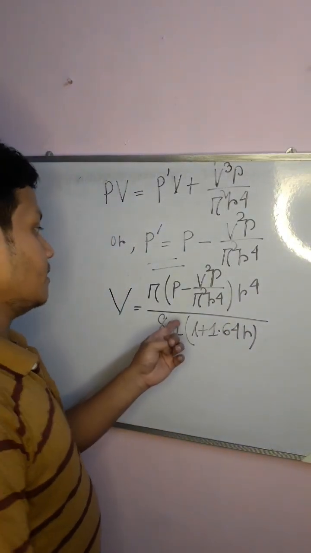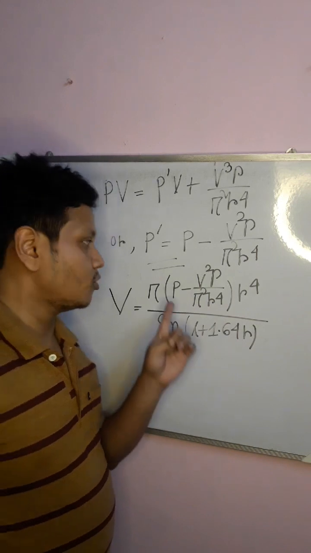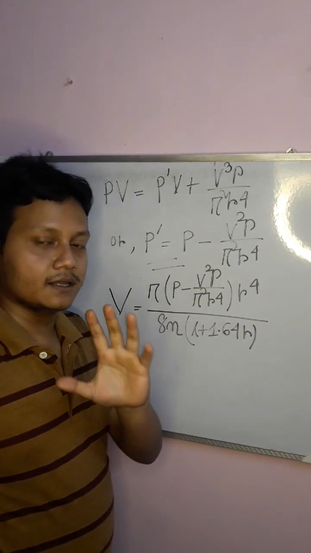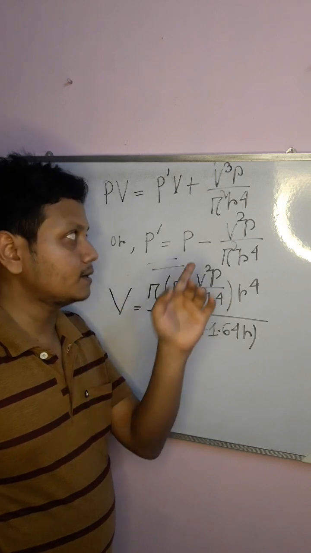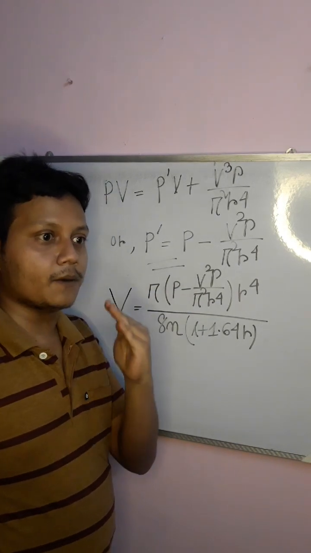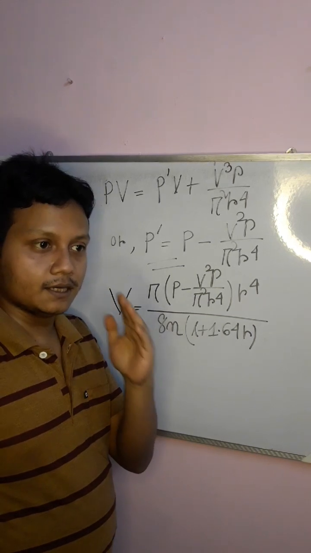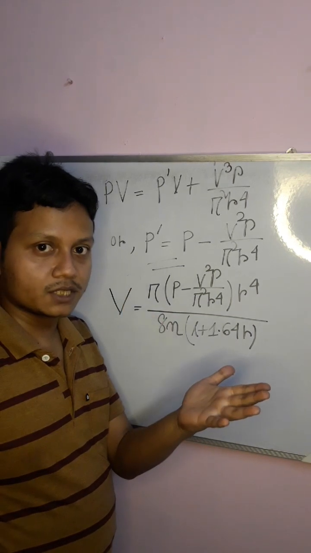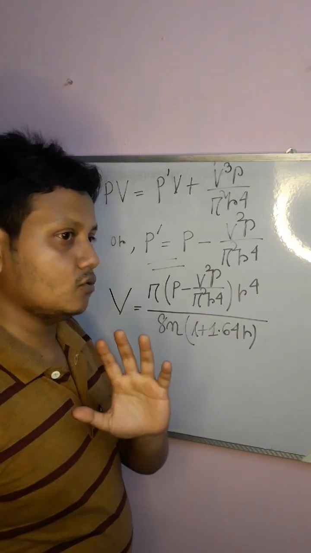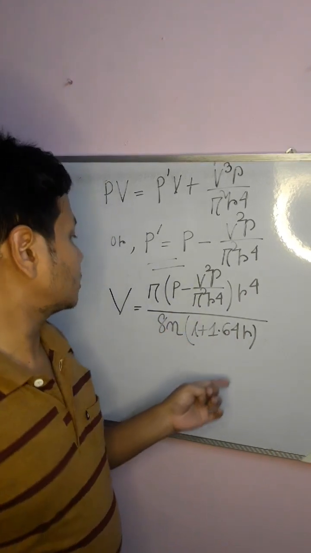So this is the modified form of Poiseuille's equation. So due to acceleration there is a correction, and due to kinetic energy there is a correction. A part of the total energy is used to overcome the viscosity and the rest is converted to kinetic energy.